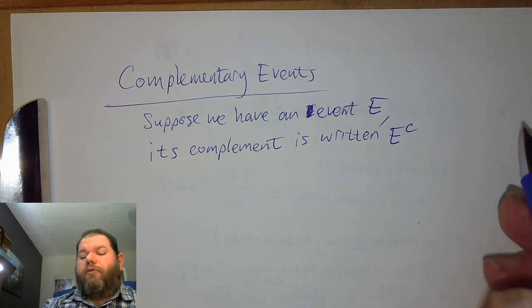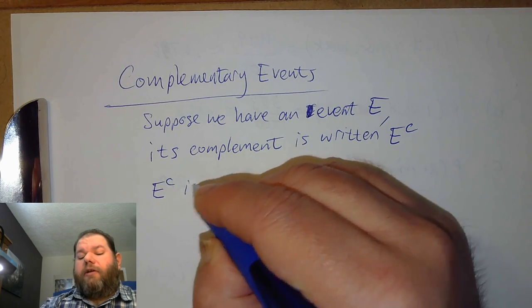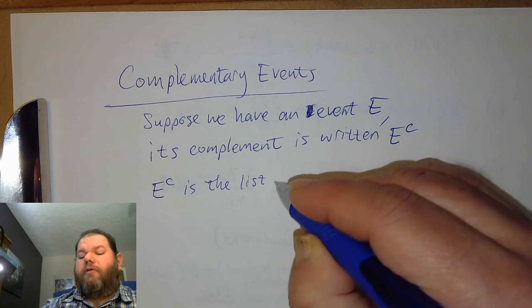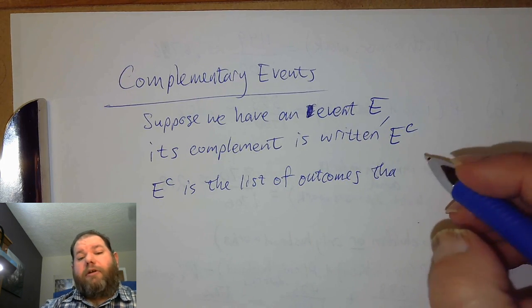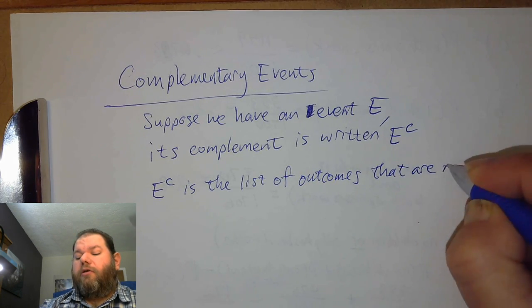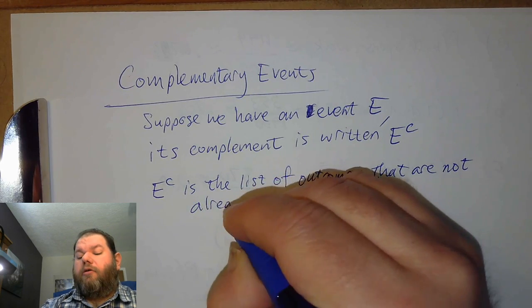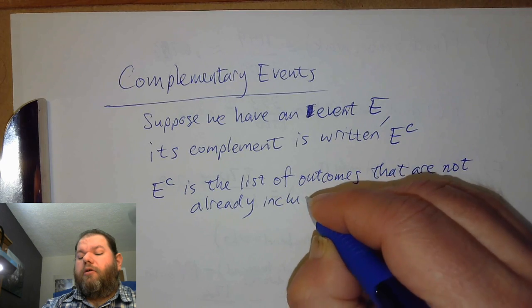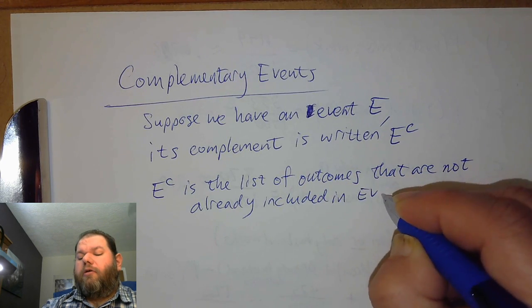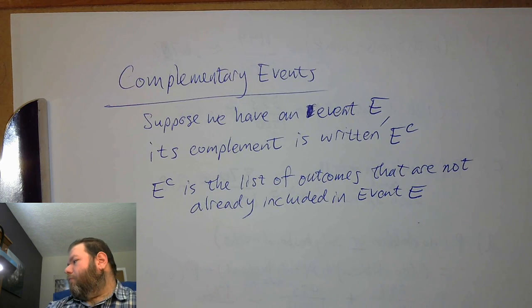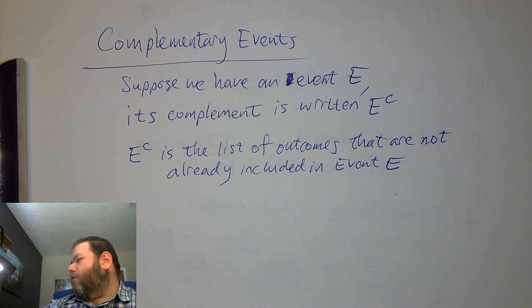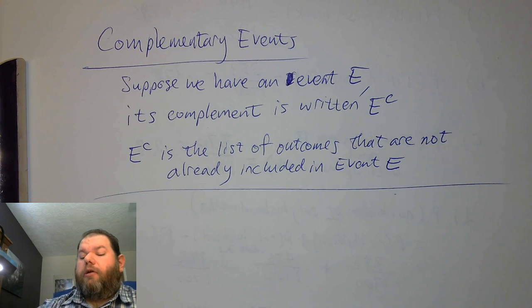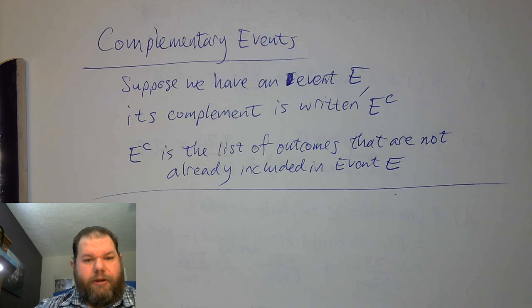And the way that we define E complement is the list of outcomes that are not already included in event E. So everything that's not in E will then be in E complement.